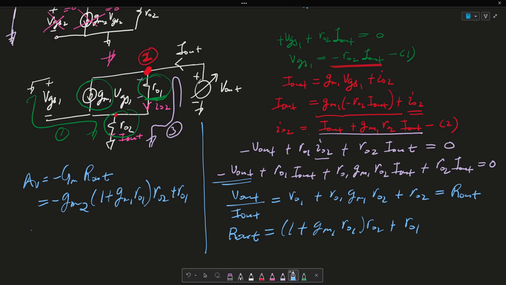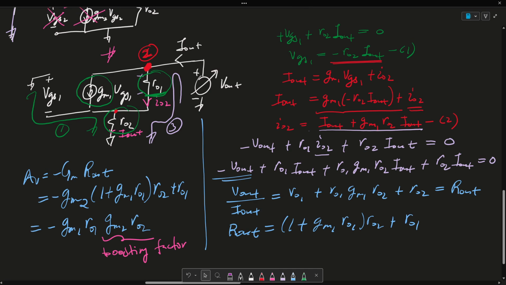Okay, so we can say then that this is minus GM1 RO1 times GM2 RO2. And this was the boosting factor I mentioned earlier in the video that the Cascode Amplifier brings.